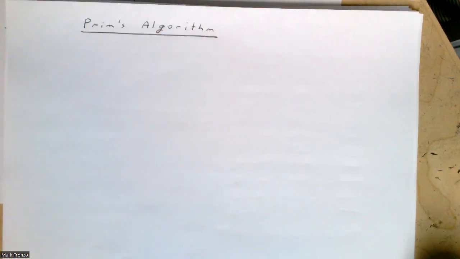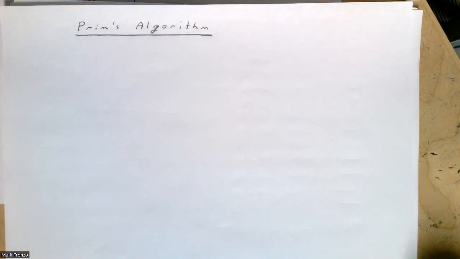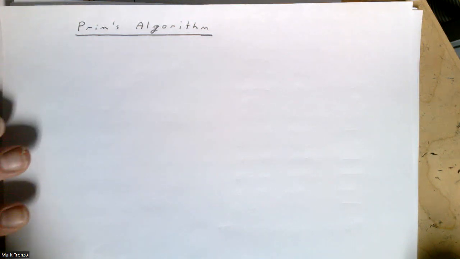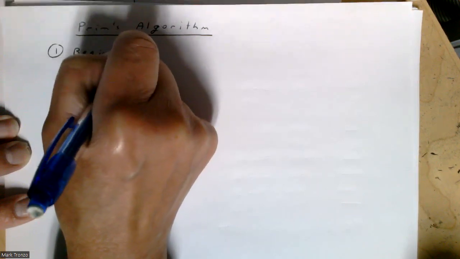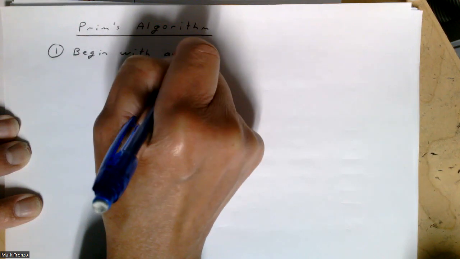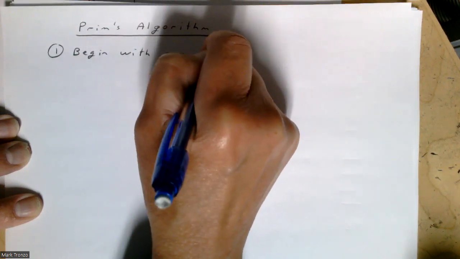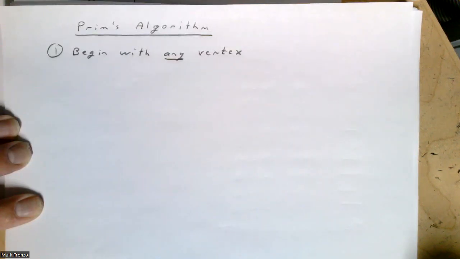Again, this is for a minimum spanning tree. This will give you a minimum spanning tree just like Kruskal's did. So now this method is to begin with any vertex. Remember in Kruskal's, we began with the smallest weighted edge. With this one, you begin with any vertex at all.